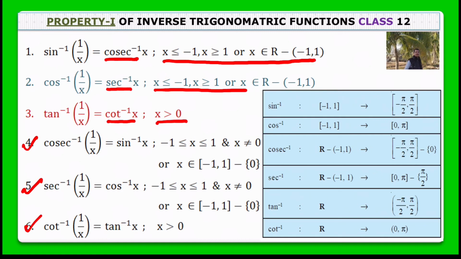We considered that cot inverse and tan inverse both have a common principal value branch in the first quadrant, between 0 and pi by 2. So in this the value of x is positive. So in the third part we have taken only positive values, and in each part the value of x is not equal to 0.